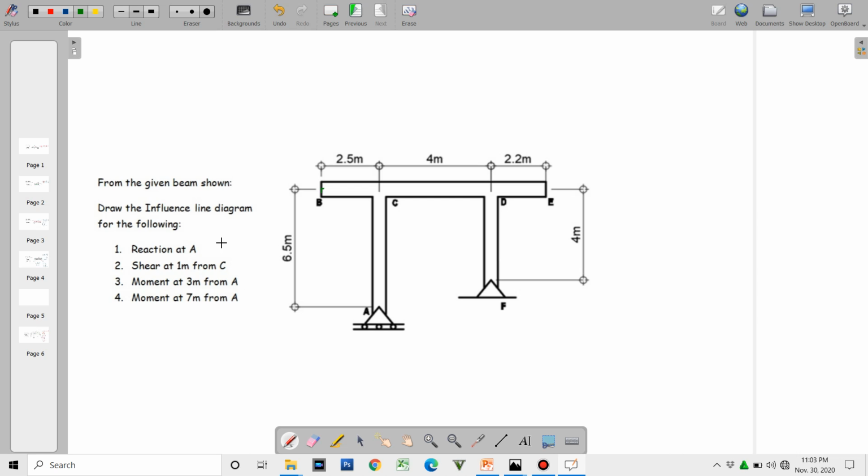So basically, I think we have a clerical error, that this should be 7 meters from B. So we measure 7 meters from B. It will exceed D eventually, because from B to D, that is 6.5, we still have to extend it by 0.5 from D. So the location of 7 meters from B will extend from D at 0.5 meters.